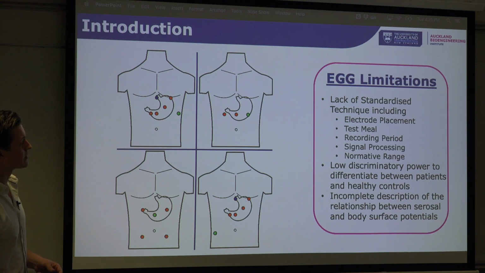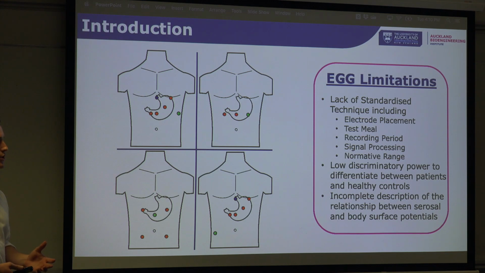What we've got here is an example of 4 standard EGG methodologies. The red dots indicate recording electrodes, the green is the ground, and the blue is the reference. Even in the EGG field, we don't have a standardized technique. Everyone's got their own technique, their own practices. They're all doing their own thing because they think that they know what is best for the EGG and giving the clinicians the best outcomes.